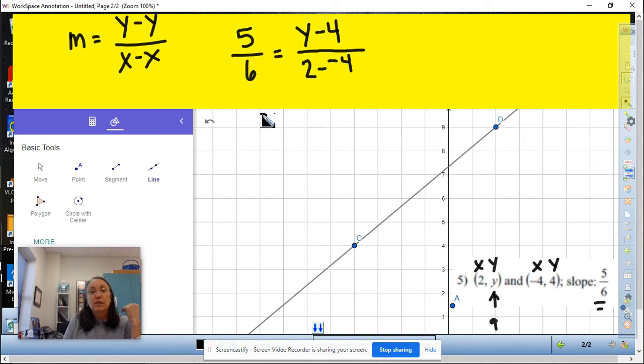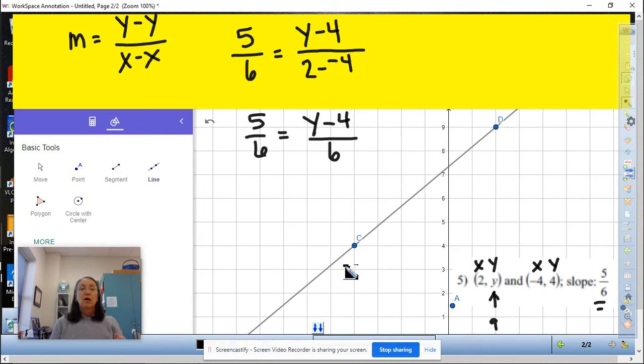Okay, from here, I'm going to simplify it. 5/6 is equal to (y -4)/6. All right, now this is where I need you to remember your rules for cross multiplying.